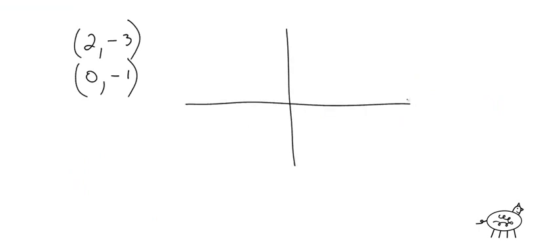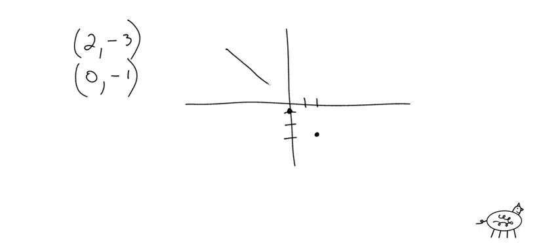2 comma negative 3 and 0 comma negative 1. Okay, so let's graph it. And it's going to be 2, negative 3, and 0, negative 1.